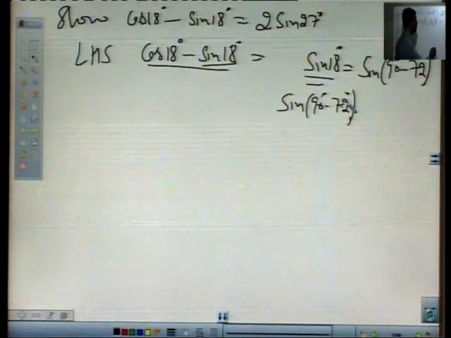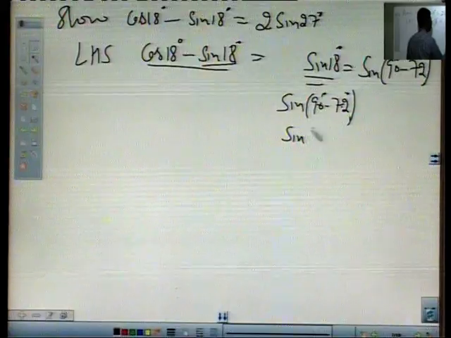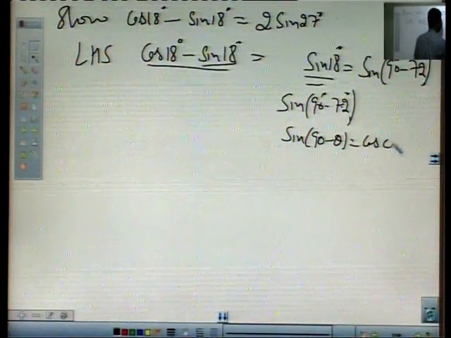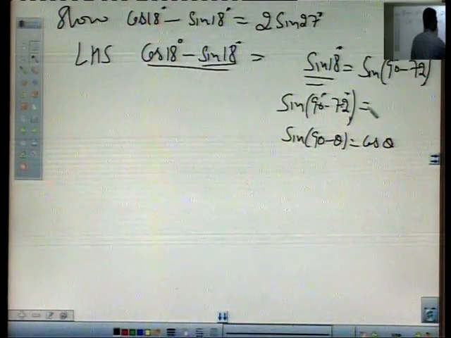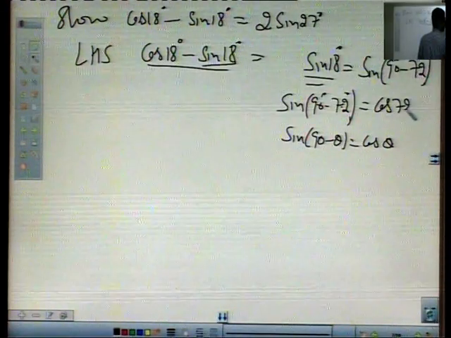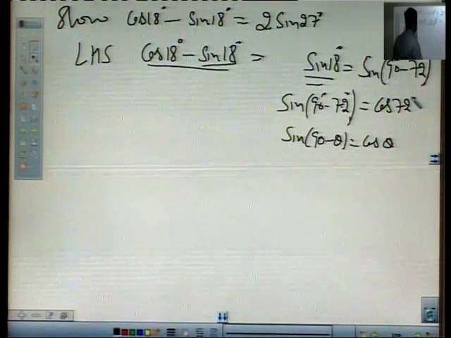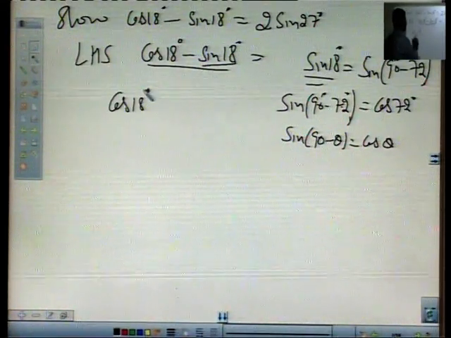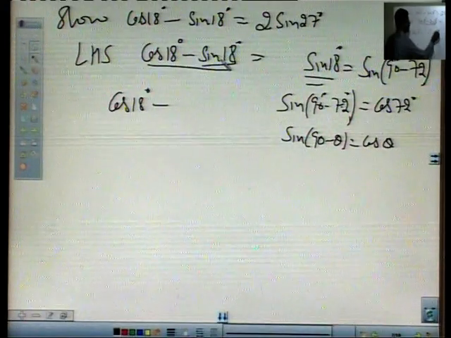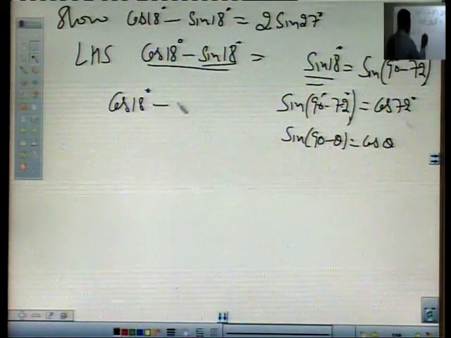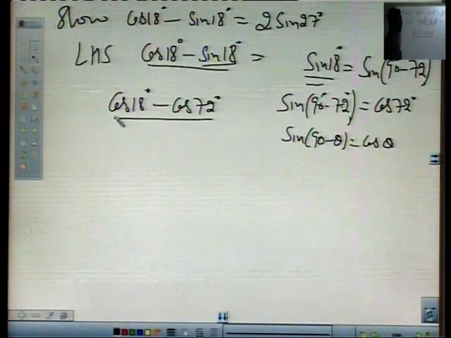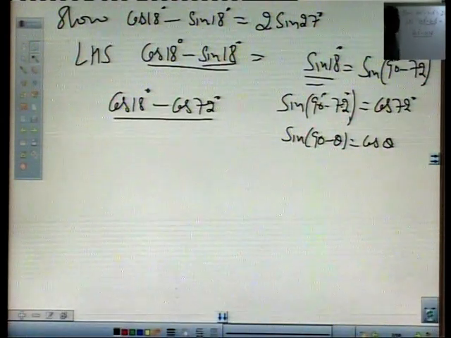Now we know that sine of 90 minus theta is cos of theta. So therefore this is cos of 72 degree. So our statement is now cos of 18 degree minus cos of 72 degree. Yes, now we can use cos C minus cos D.